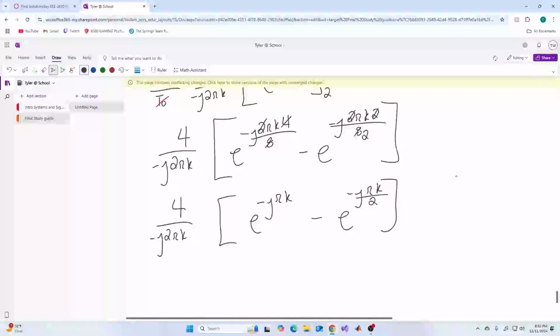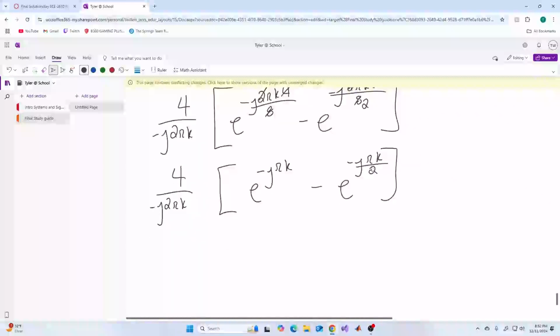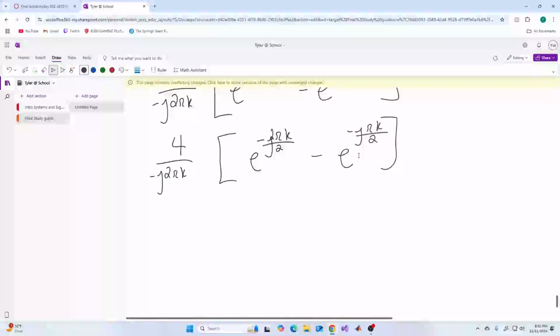Now, these are different, so we need to pull something out of it that is between it. So, the first thing I always like to do, make common denominators. This is 2 pi divided by 2. So, if I draw a number line right here, and this was negative pi divided by 2, and this is negative 2 pi divided by 2, what is in the center?